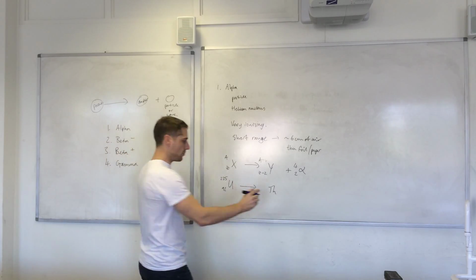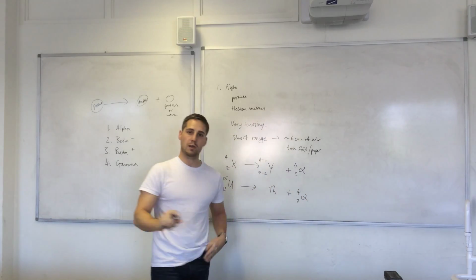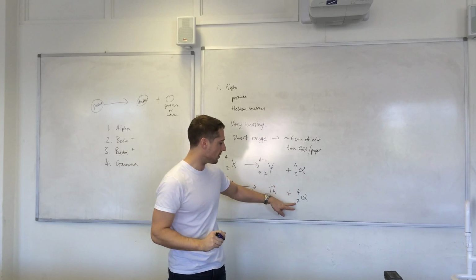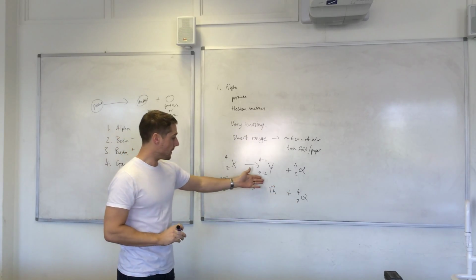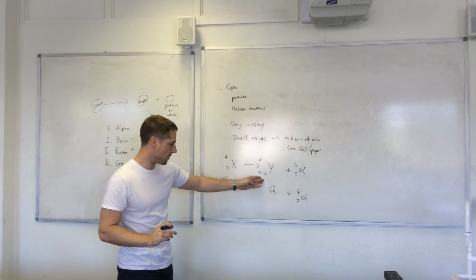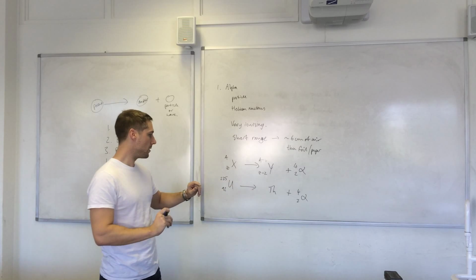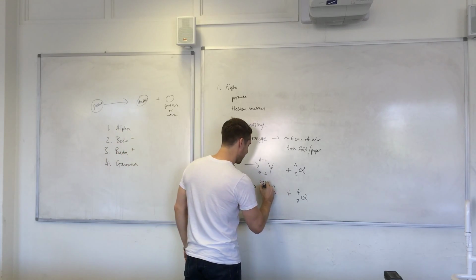Remember that there's also the alpha particle to go in there. And we know an alpha particle always has 4 on the top, 2 on the bottom. So to work out what the nuclear mass number and the proton number are, we do 235 minus the 4, 231.